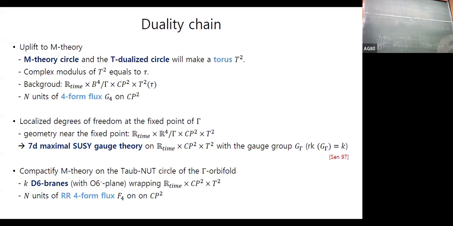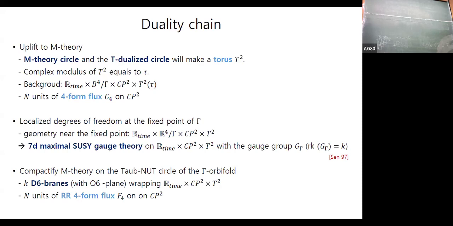And we resolve this singularity, then compactify M theory on the Taub-NUT circle of this gamma orbifold. And you will have K D6 branes wrapping the transverse space, right? And you have N units of 4-form flux on CP2 as before. And we want to see the low energy dynamics of the K D6 branes.